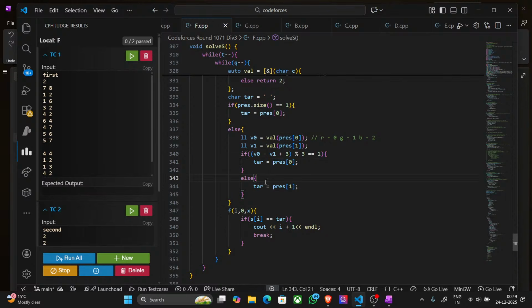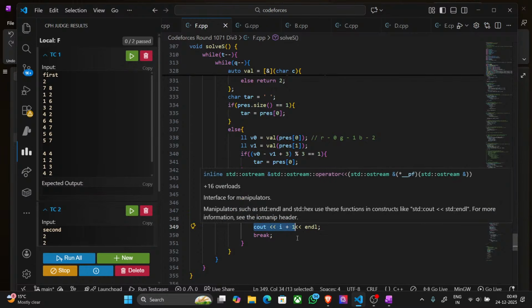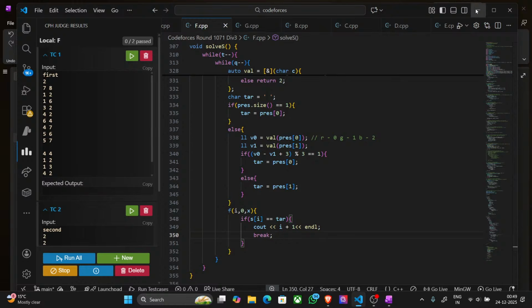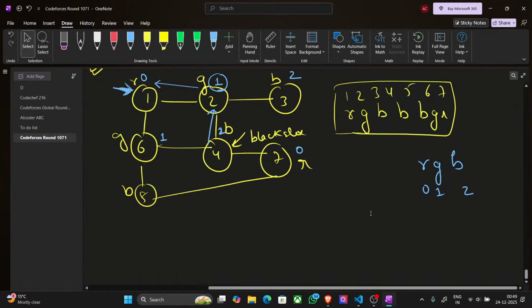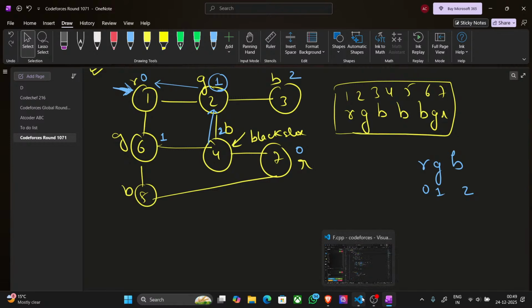If it is anything else, then my target will be 1, right? And for the whole length of the string, if the character equals the target, I can just output that particular index and move forward. Okay, so this was the code for this problem.